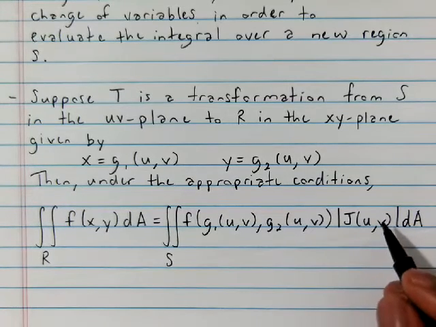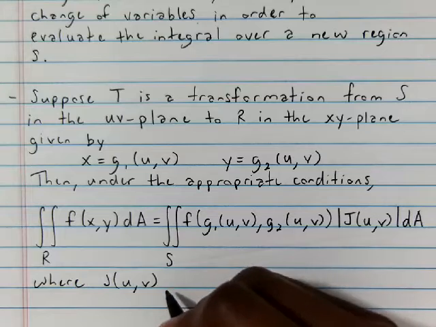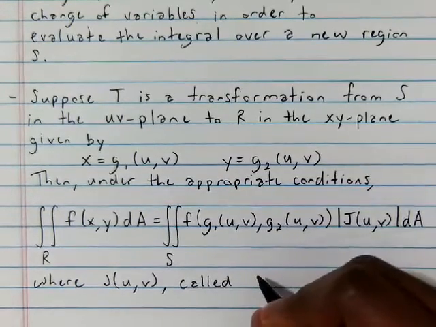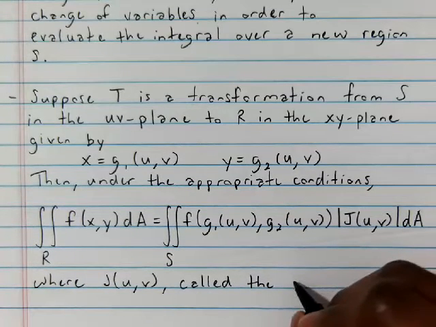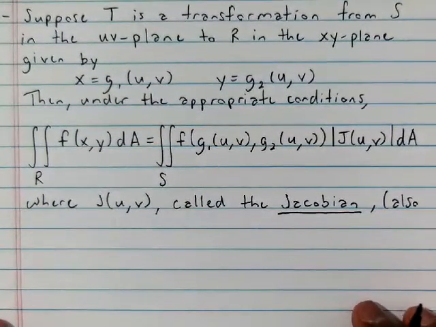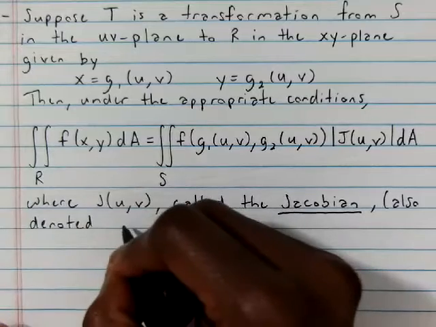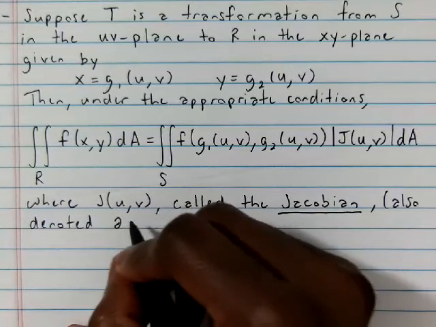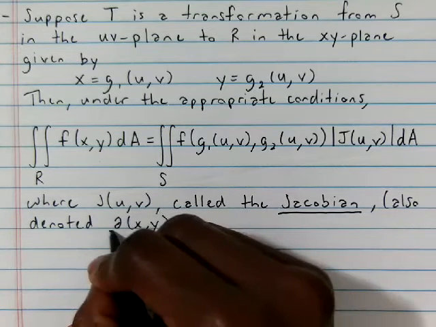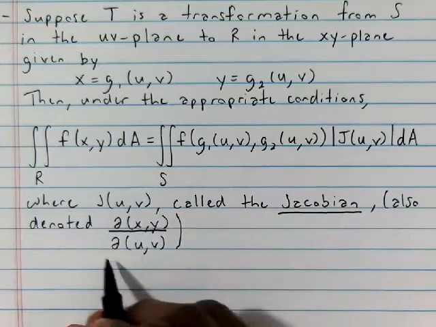And J of u v, that's what's called the Jacobian. Where J of u v, called the Jacobian, also denoted with this partial notation, but it's still called the Jacobian, regardless of the notation you use. So you'll see it written like this quite often in your textbook.